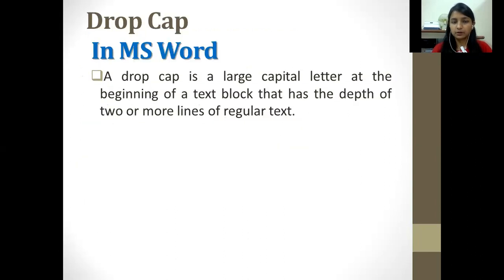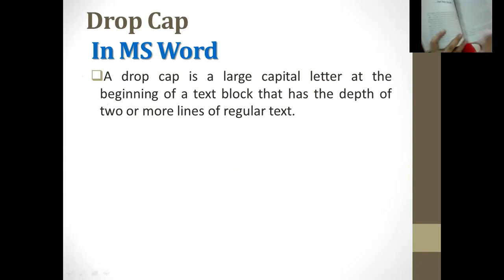So what does drop cap actually mean? It is a kind of large capital letter, as we have seen in the notebook, at the beginning of a text block. The very first word used has a depth of 2 or more lines of regular text.